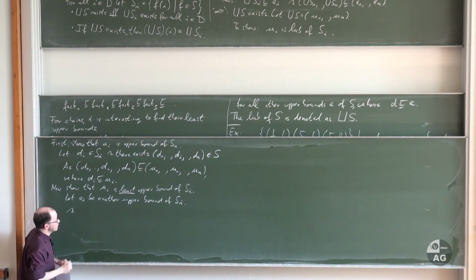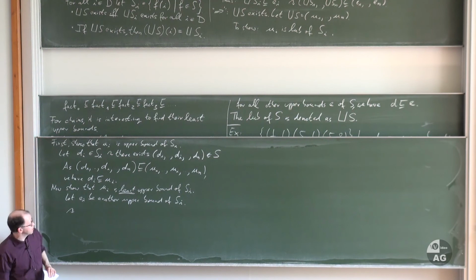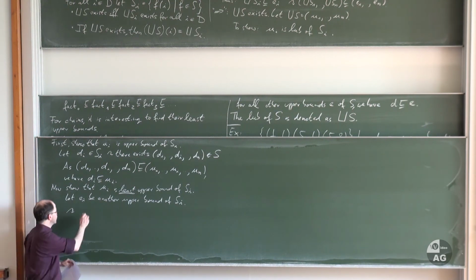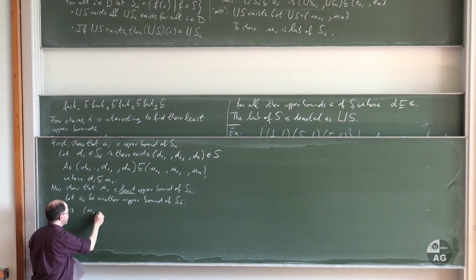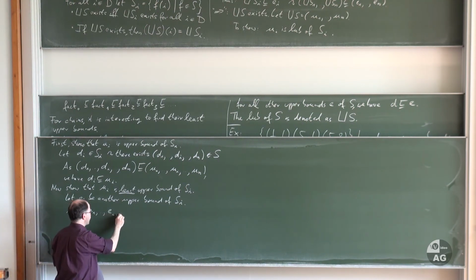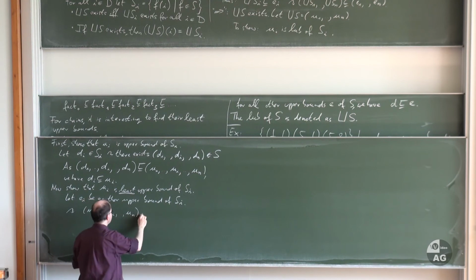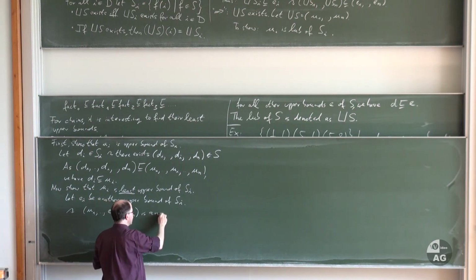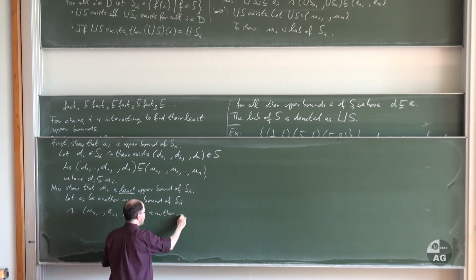And then this implies that I can, from this, construct another upper bound of the whole set S. Namely, I take all these U's, but I replace UI by EI. So this is another upper bound of S.